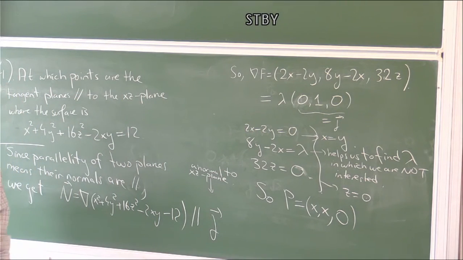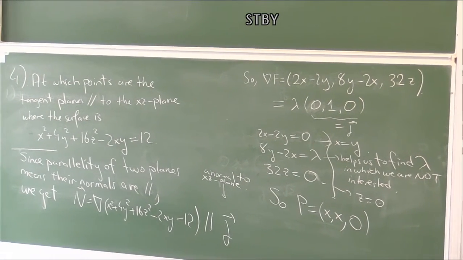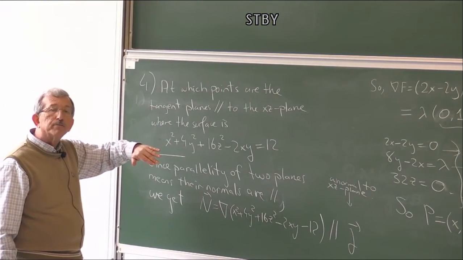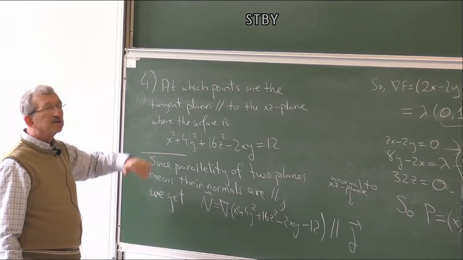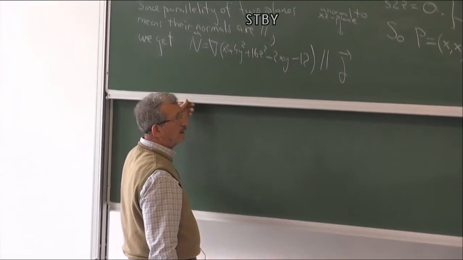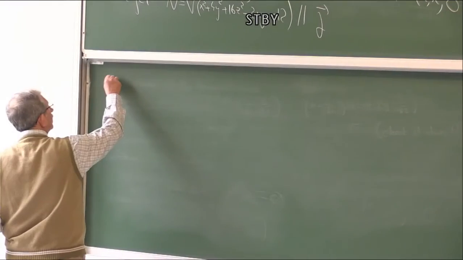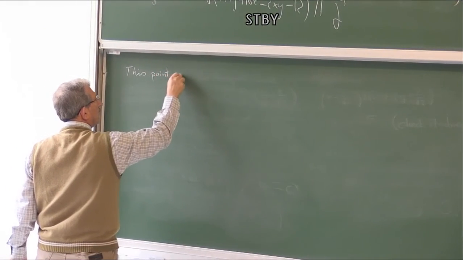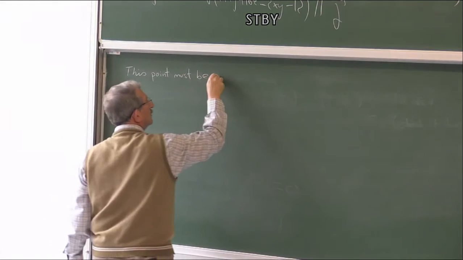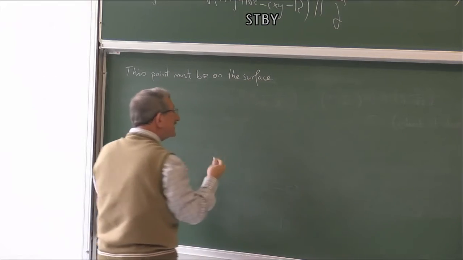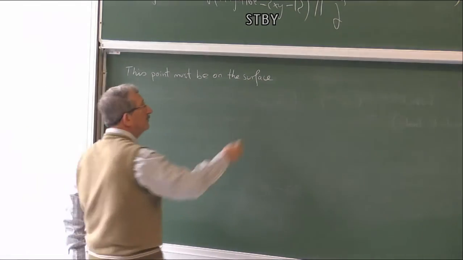But of course, we have one more data. And that data is that this point is a point where a tangent plane is drawn to the surface. So it must be on the surface, since the tangent plane is drawn at that point.